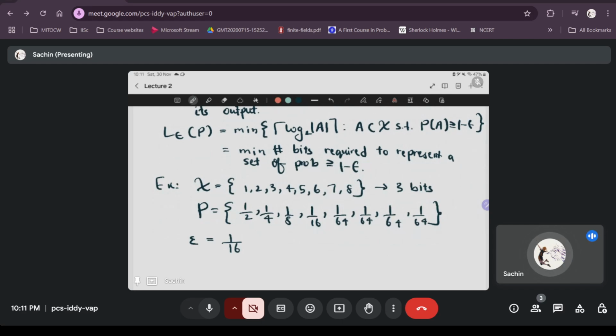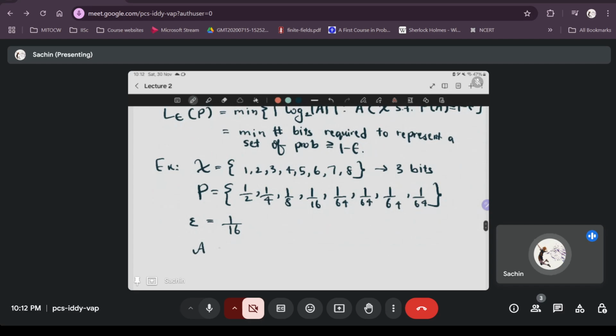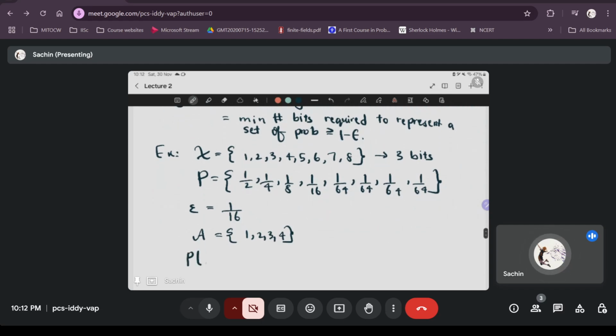So given an epsilon, I'll try to find sets of outcomes whose probability is greater than or equal to 1 minus epsilon. And in this particular example, if I consider the set of first 4 outcomes, 1, 2, 3, 4, then the probability of this set is half plus a quarter plus an eighth plus a 16th.